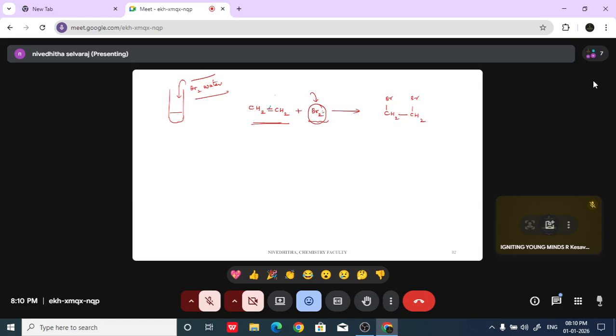Similarly, we can use KMnO4. What is the color of KMnO4, potassium permanganate? You would have seen it in your chemistry lab, definitely. If you are in your 10th standard, you have seen it.